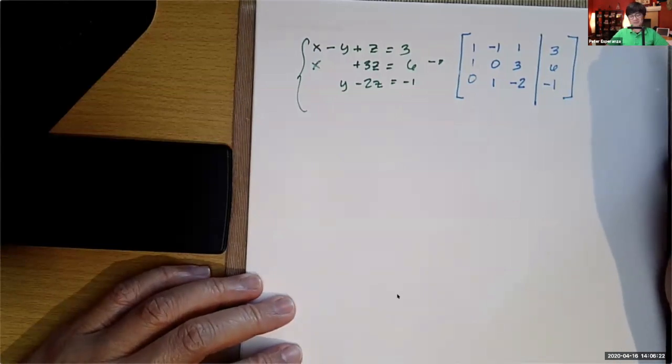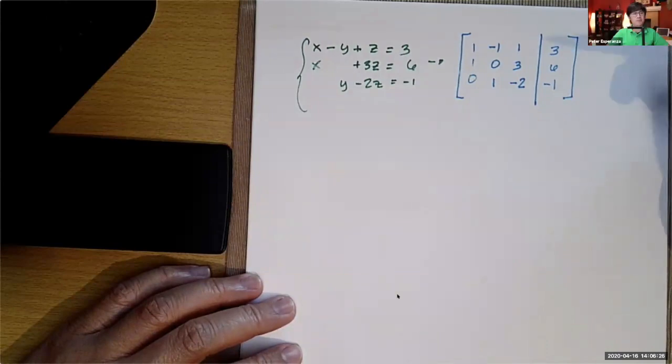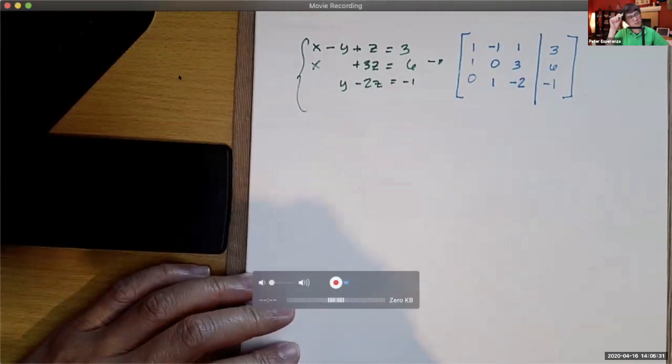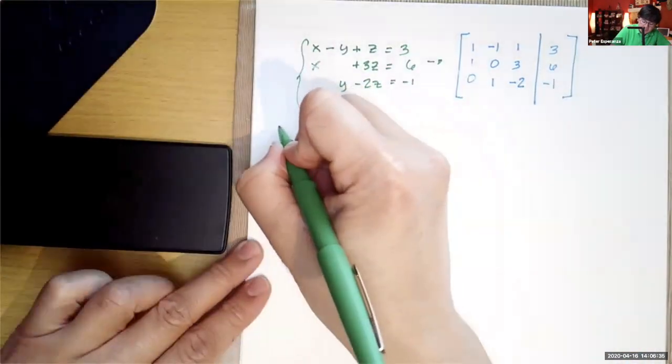Are you ready? For consolation, I think what makes this easier is we have zeros, and if we have zeros, multiplying will be a lot easier. So let's begin. Let's start with D.